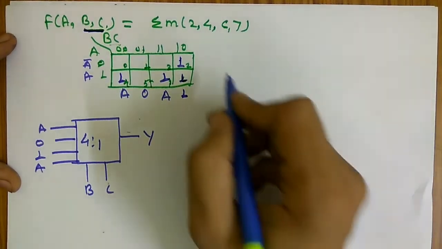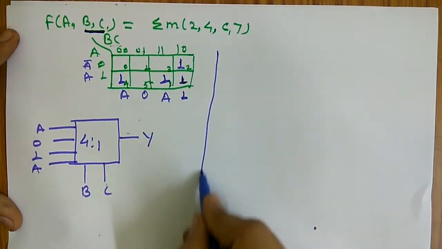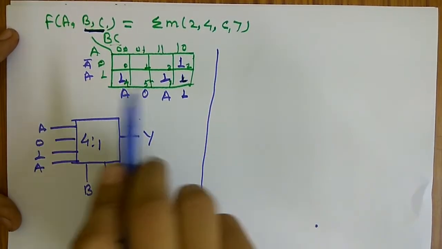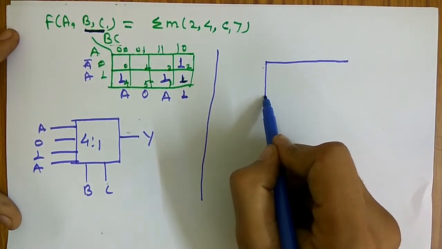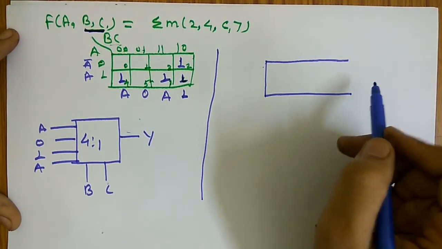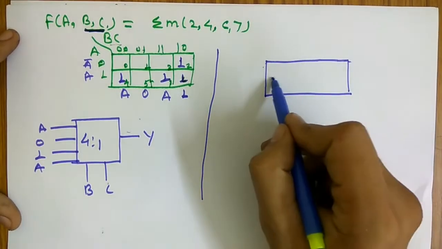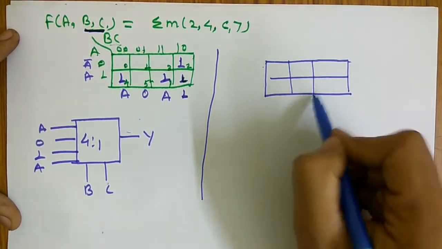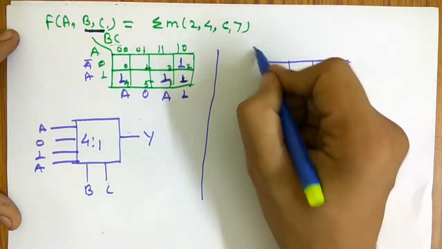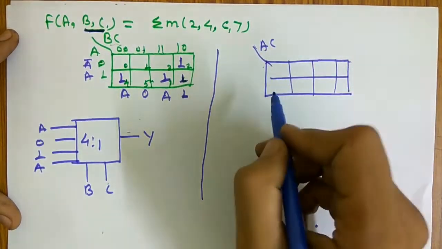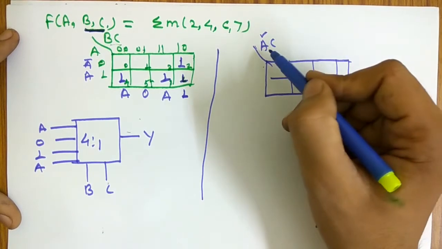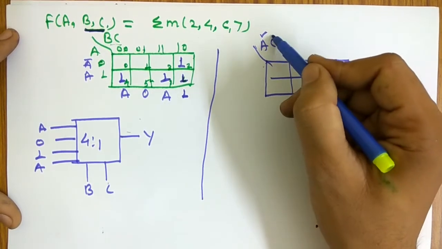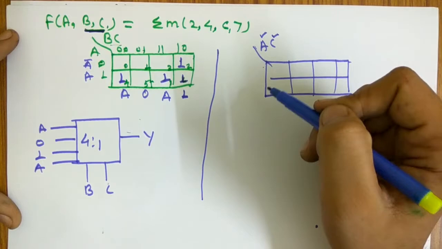Now I will not write the question again, but now I have to implement the same function taking AC as the select line. So here I will write A and C. What is the meaning of this? I am taking A as MSB in the select line, and C as LSB in the select line.